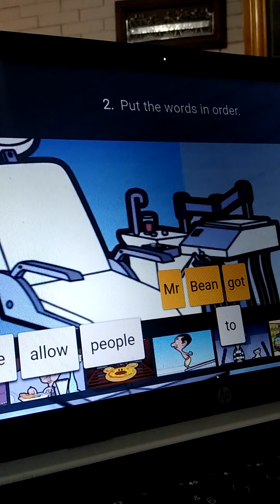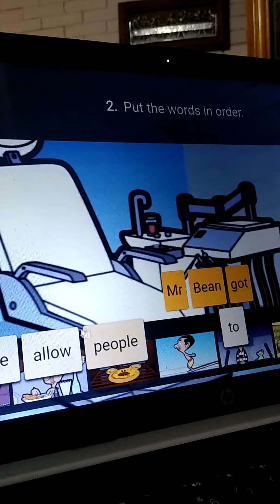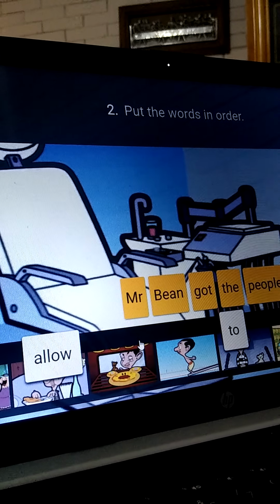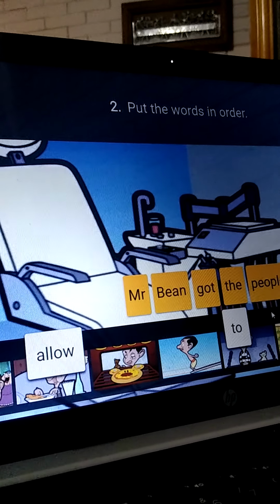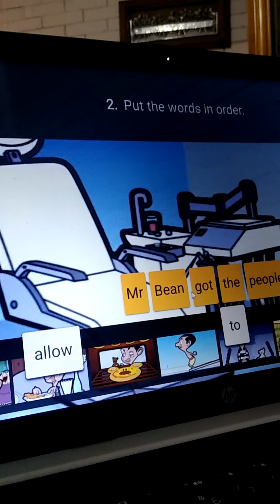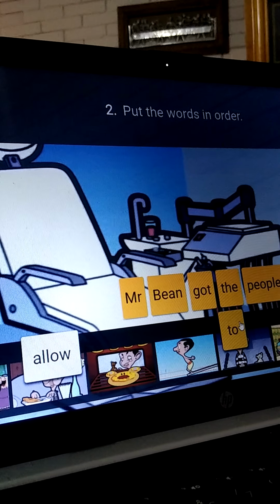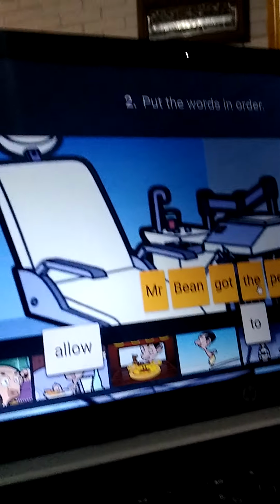The people got love Mr. Bean to pass him first. Like this? Mr. Bean got the people? No, starting with the people. Okay.